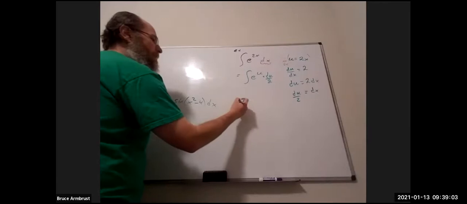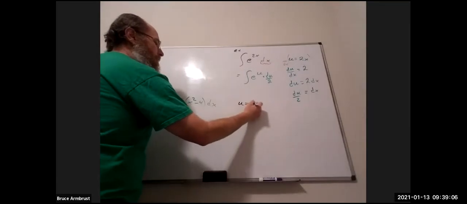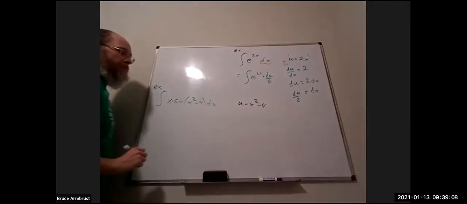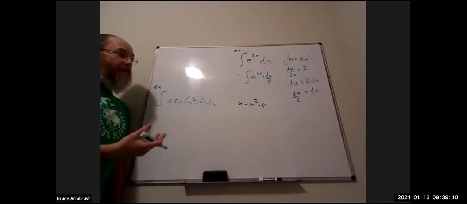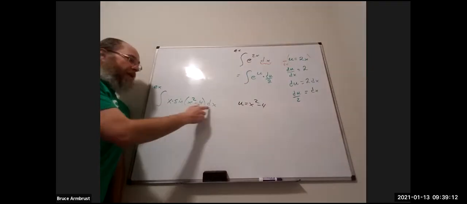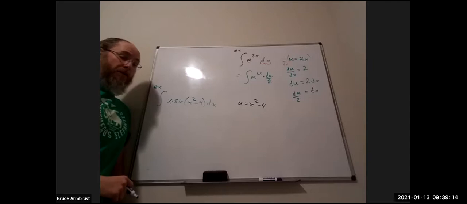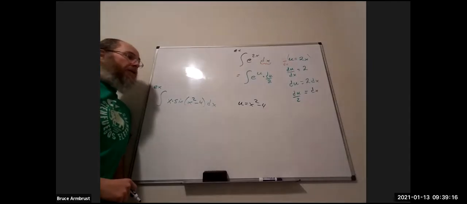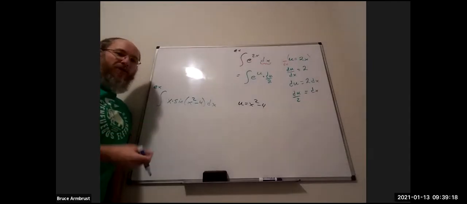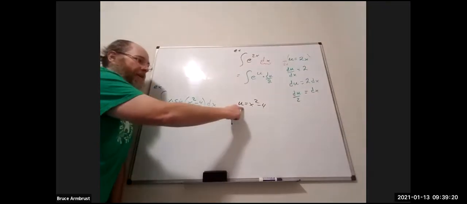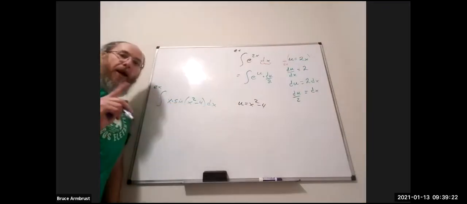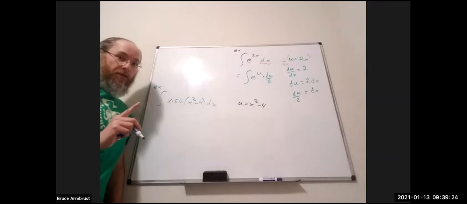So I'll let u equal x squared minus 4. Now, of course, that means that we need to replace the x and the dx as well. So let's get the dx first. And we're going to get that by differentiating. Now, I want to show you a little bit of a shortcut.